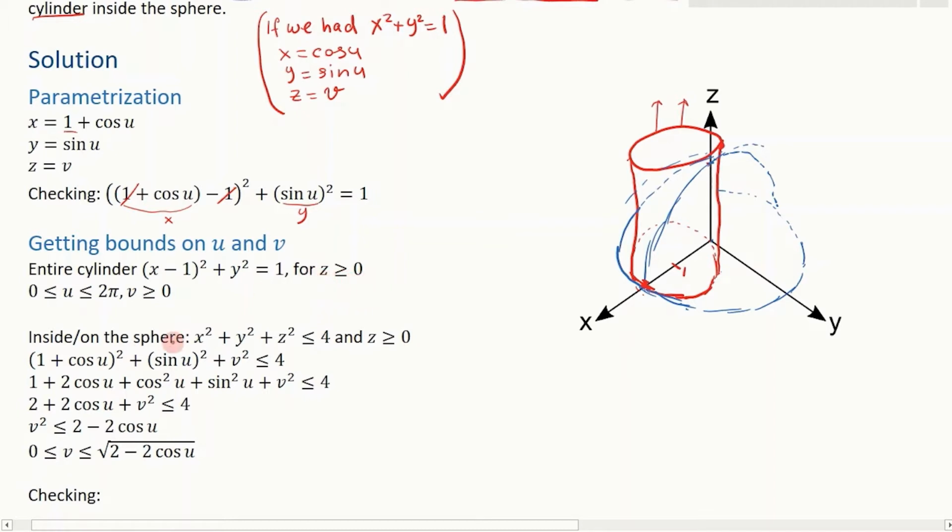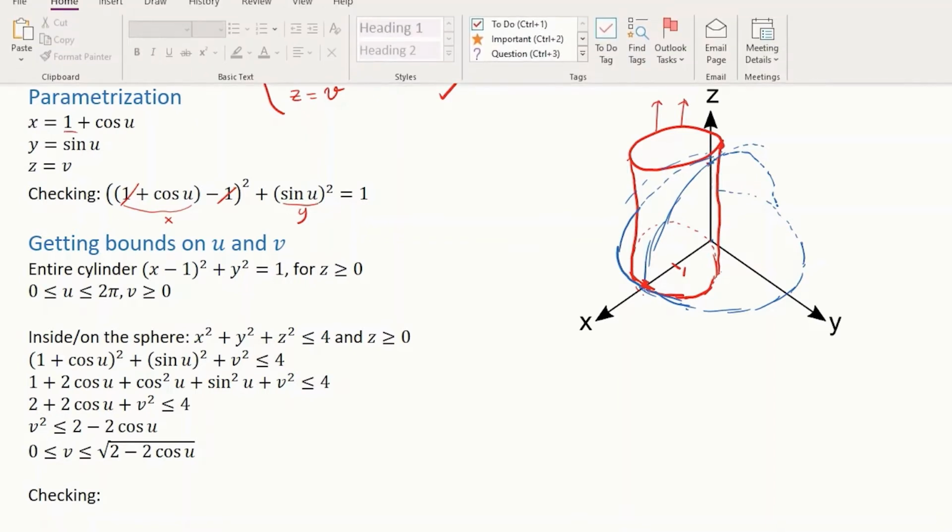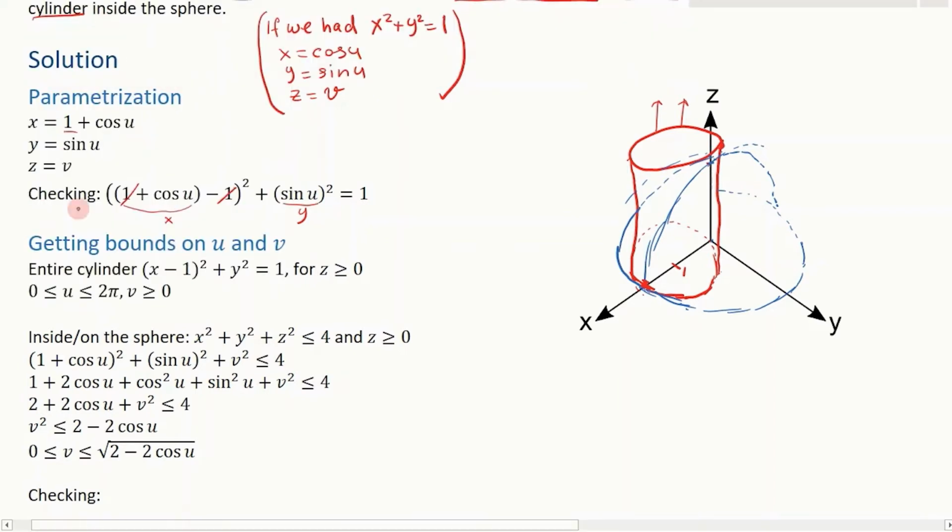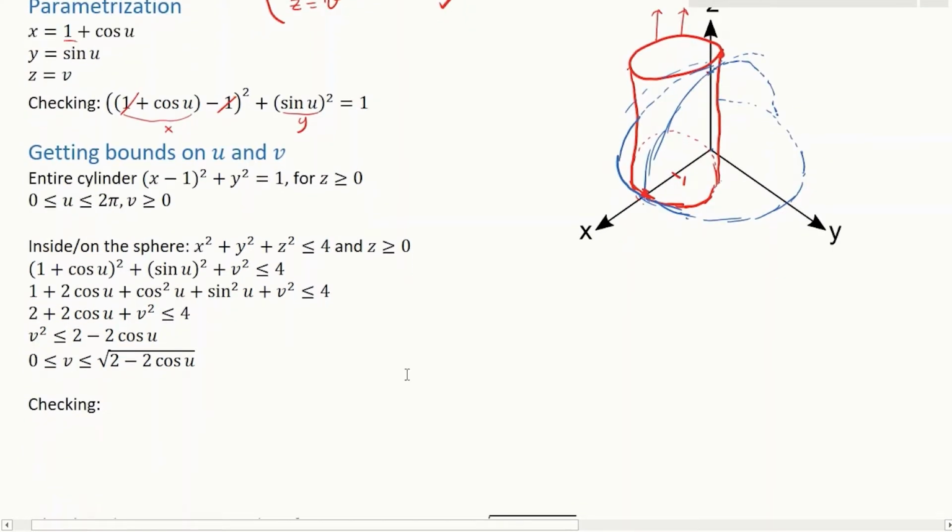But we also have a restriction that the surface we're integrating needs to be inside of the sphere. So now let's figure out bounds on v. The condition inside or on the sphere means x squared plus y squared plus z squared is less than or equal to 4.